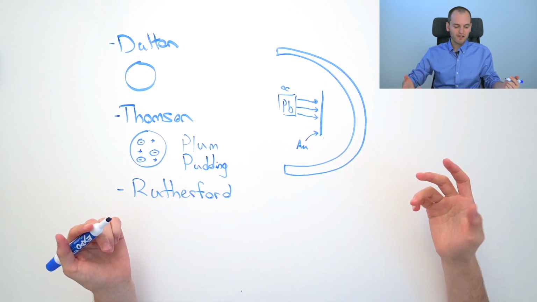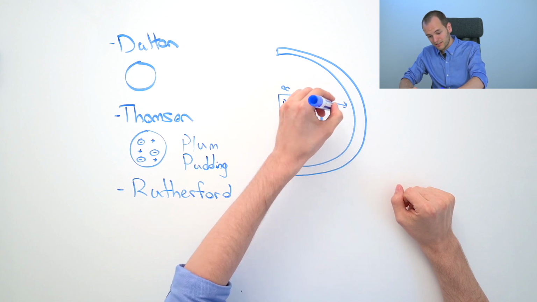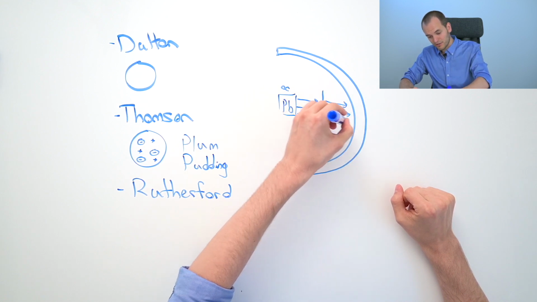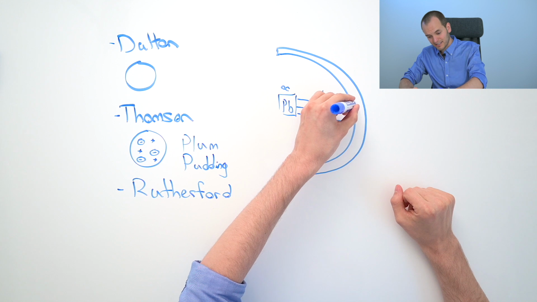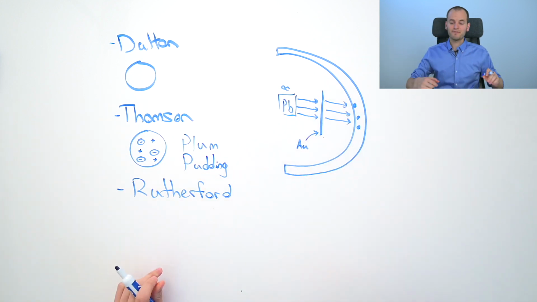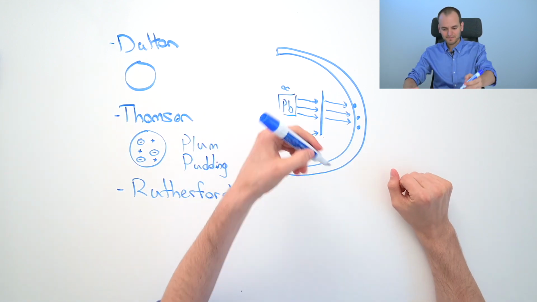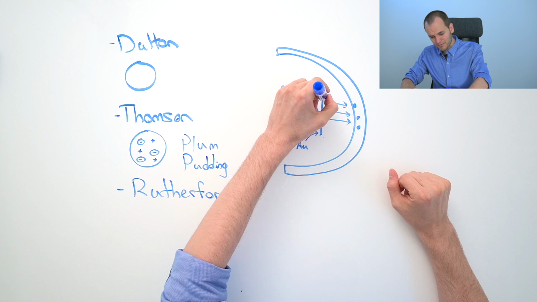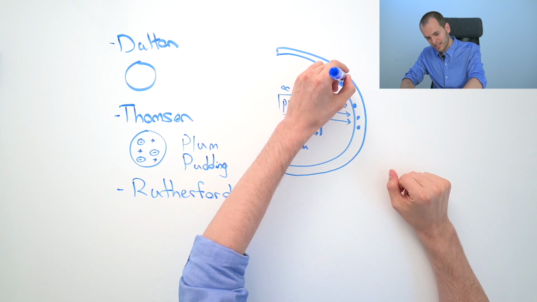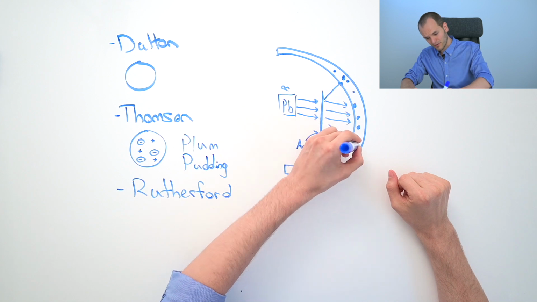What Rutherford and his team found out was that yes, most of these alpha particles flew through and ended up hitting this detector, so that they could see them just like an X-ray. However, some got deflected. So they had spots that came up all over.